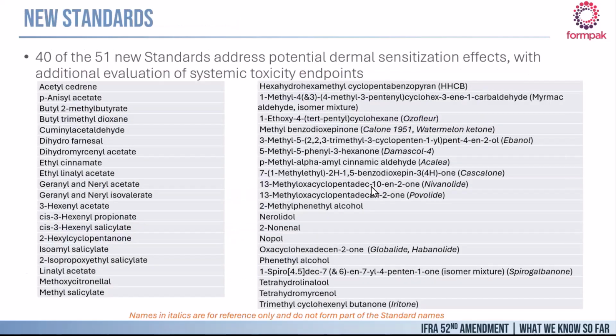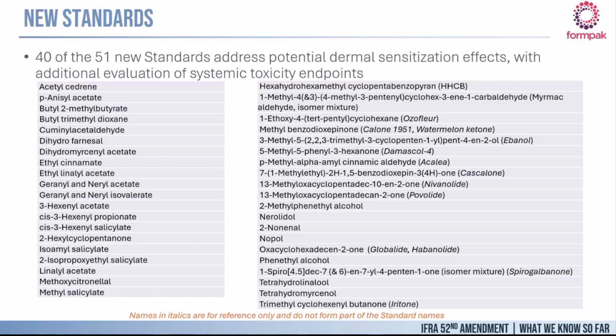So of the 51 new standards, 40 of them address potential dermal sensitization effects with additional evaluation of systemic toxicity endpoints. So these are the 40 standards that meet that criteria, and just the names of them are here, but in italics, I've also put some of the common trade names just so that you can see a bit more easily which materials are affected.